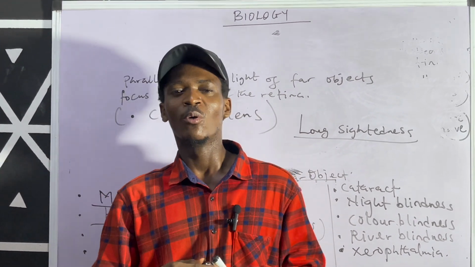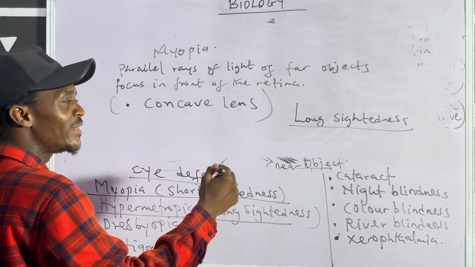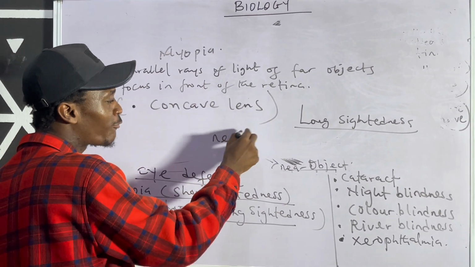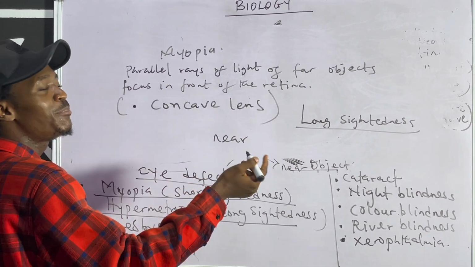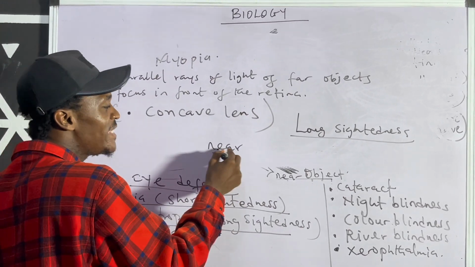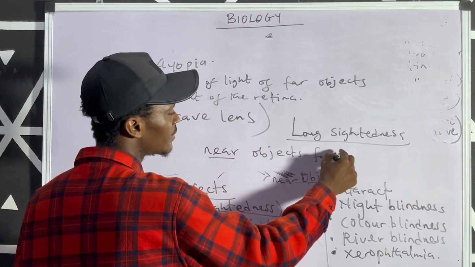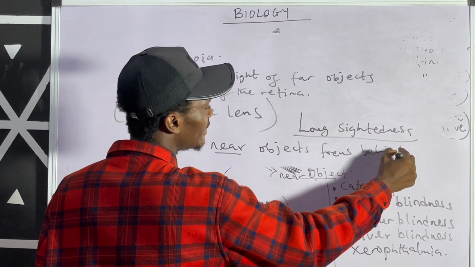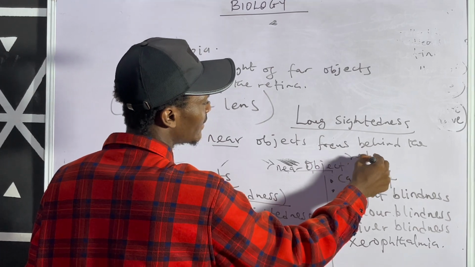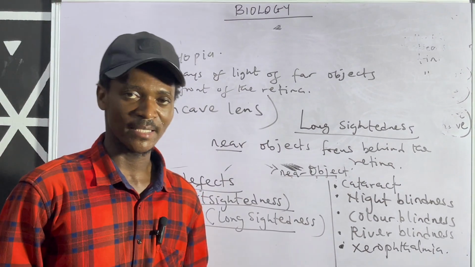Then number two, when parallel rays of light from near objects focus behind the retina. So when parallel rays of light of near objects focus behind the retina, it can result in long-sightedness.